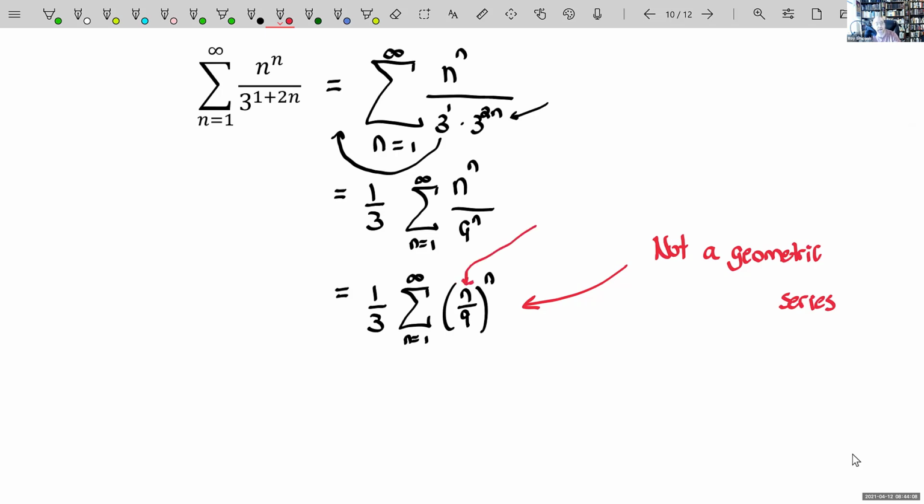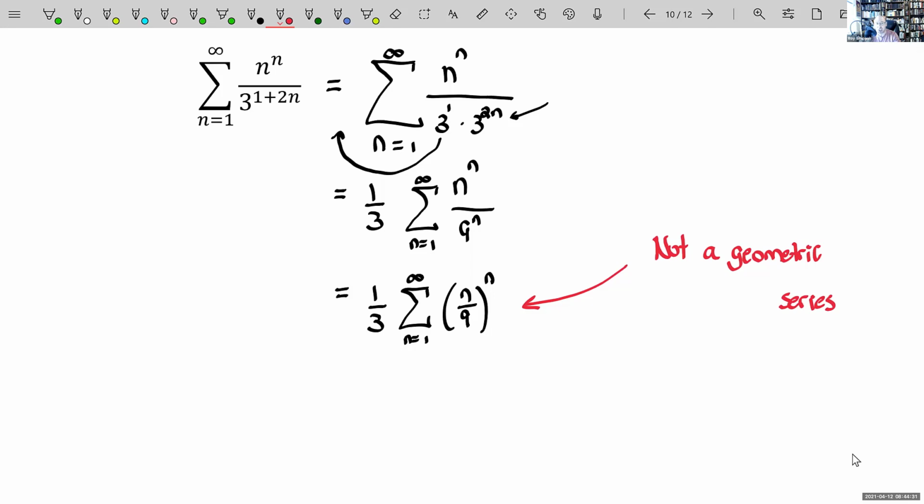It has to be a 1/9, not an n over 9. It has to be like a 1/9 or an 8/9 or a 57/9. I don't really care what it is, but the reality is it cannot be an n over 9. So it's not geometric, even though it looks geometric, totally not geometric. So I cannot resort to using a geometric series here.